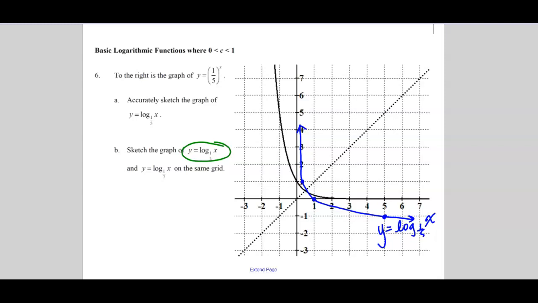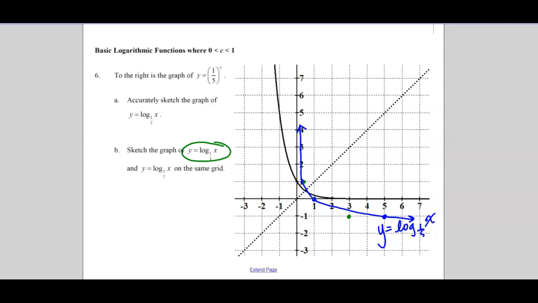That argument has to be the same as the base. So when x is a third, then my y value will be 1. When x is the reciprocal of 1/3, which is 3, my y value will be -1. Or you can graph the original, right? y equals (1/3) to the x, so -1 would be 3 here. So (-1, 3) is (3, -1).